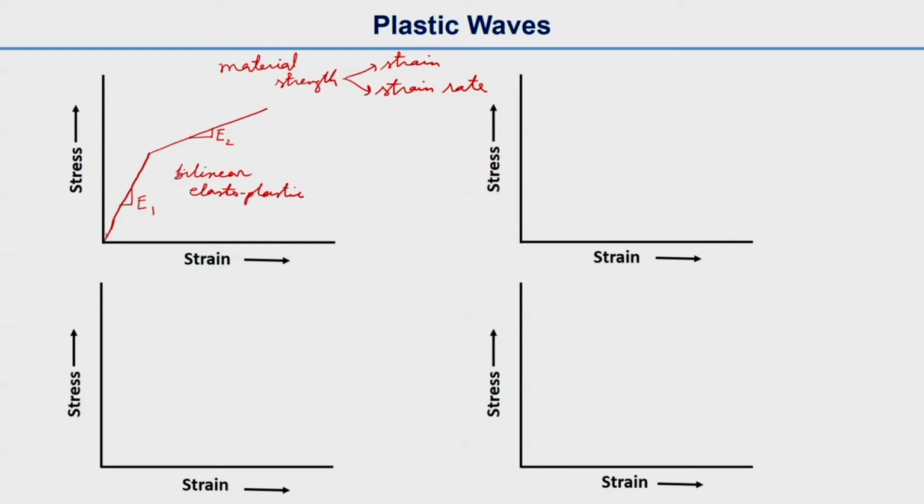These all are stress strain curves. We will show different stress strain relations, and there can be another model which we call power law work hardening. The first one is a very simplified case, but in reality we get these types of stress strain relationships, which we call power law work hardening.